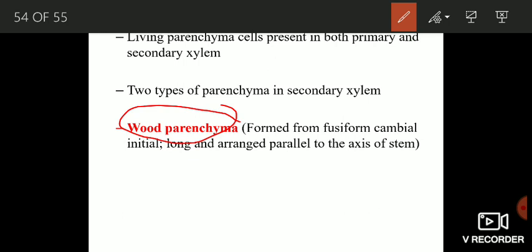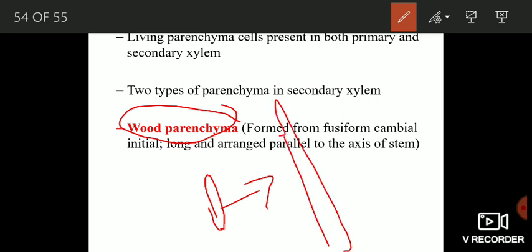Okay, the fusiform initials are relatively long as compared to ray initials, and these fusiform initials form long parenchymatous cells which are arranged parallel to the long axis of the stem. Okay, the wood parenchyma cells, or you can say axial parenchyma cells, are elongated cells which are arranged parallel to the axis of the stem.